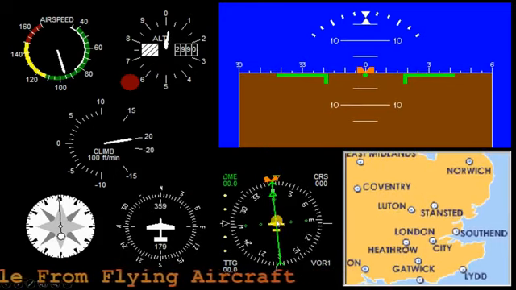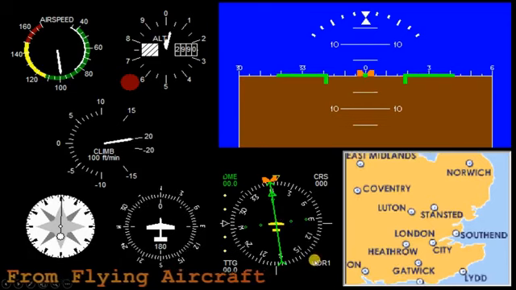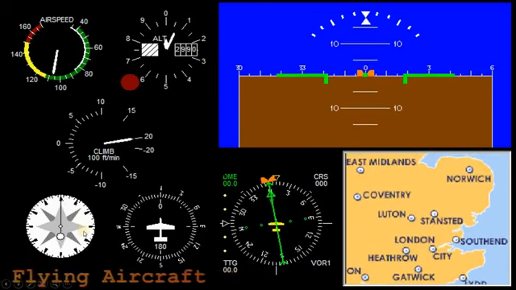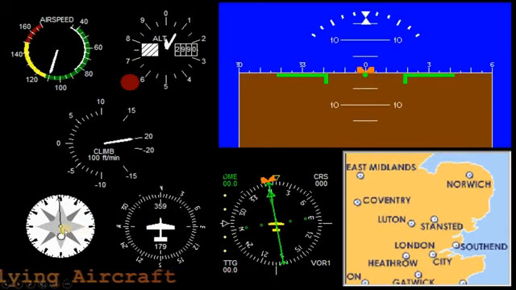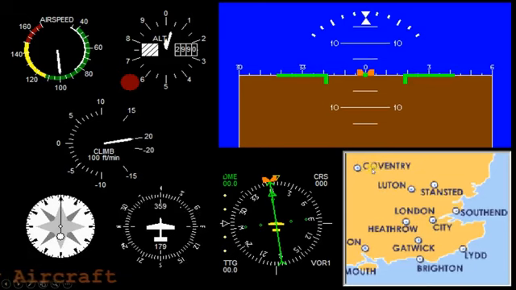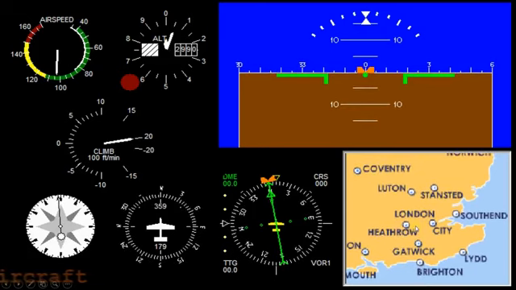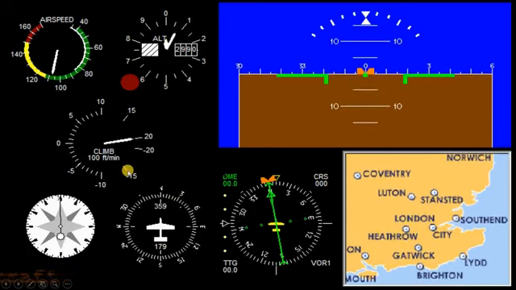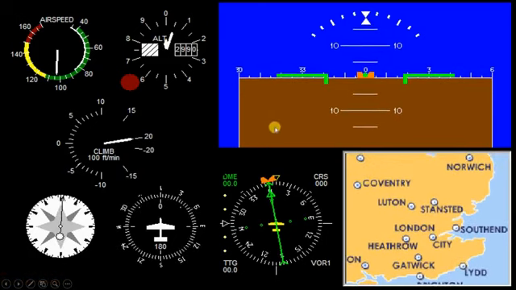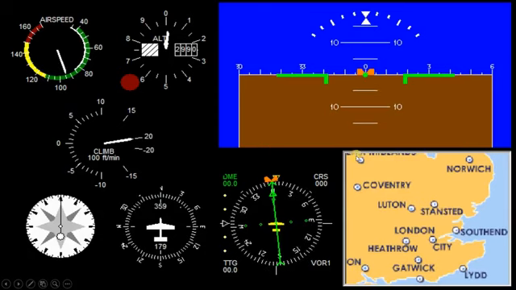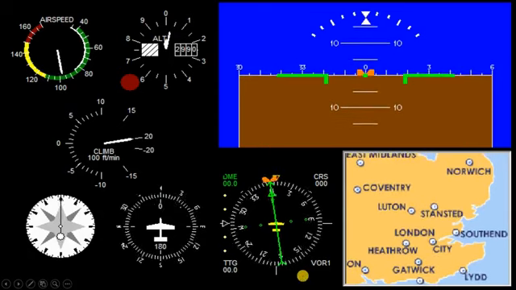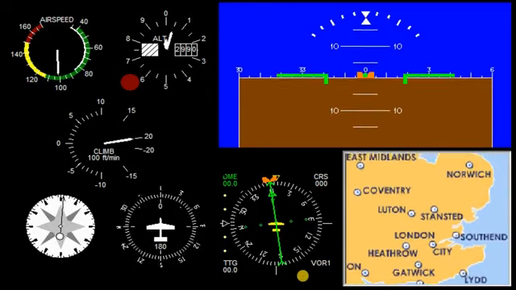The DME information is displayed here in VOR and DME and the heading, and the compass system is displayed here. Another example of the map is also available. The map is displayed on this system, and on the same page we have an EADI which provides the attitude of the aircraft. So this is all about the practical examples.